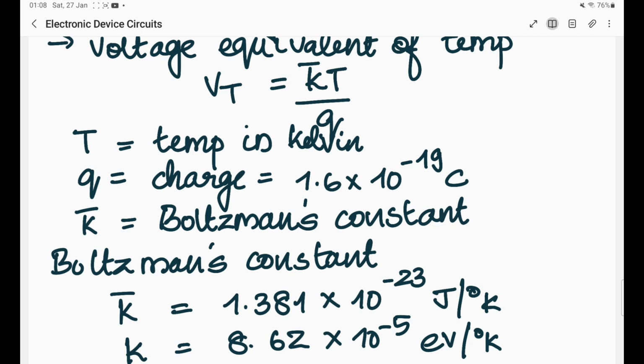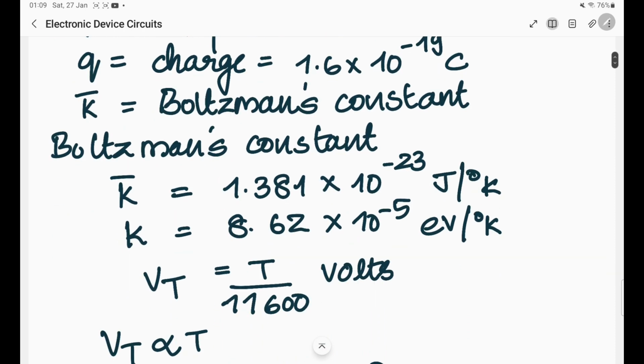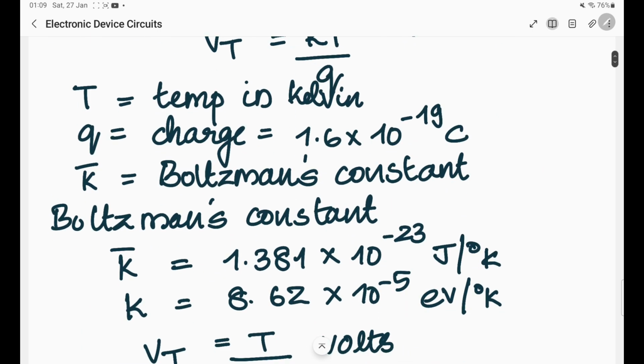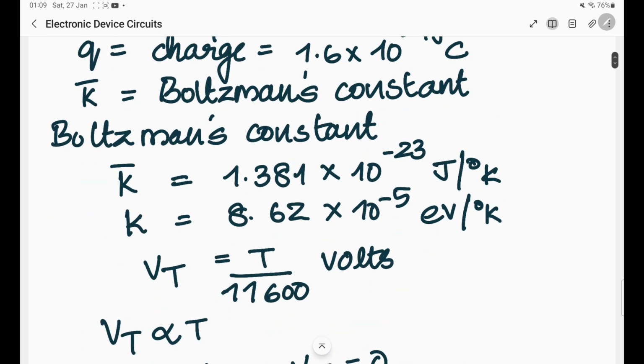And k, the Boltzmann constant in terms of electron volt per Kelvin, is equal to 8.62 times 10 raised to minus 5 electron volt per Kelvin. Okay, so now we know what the equation was: Vt is equal to kT by q. I hope you remember. So from that, Vt is equal to T by 11,600 volts.